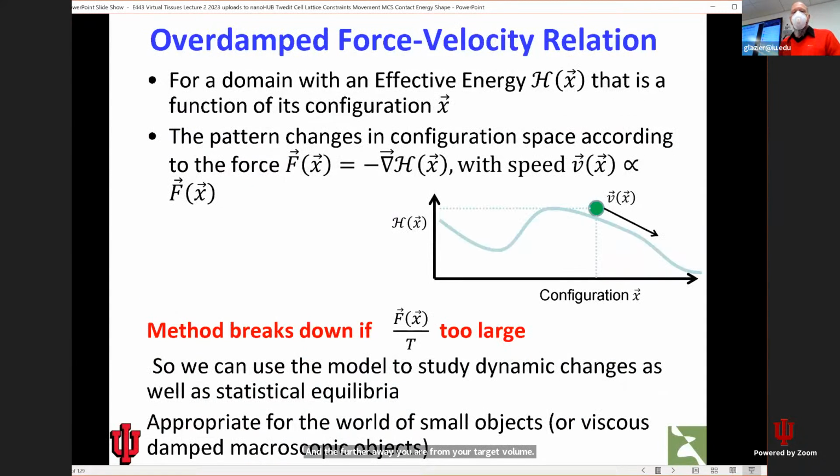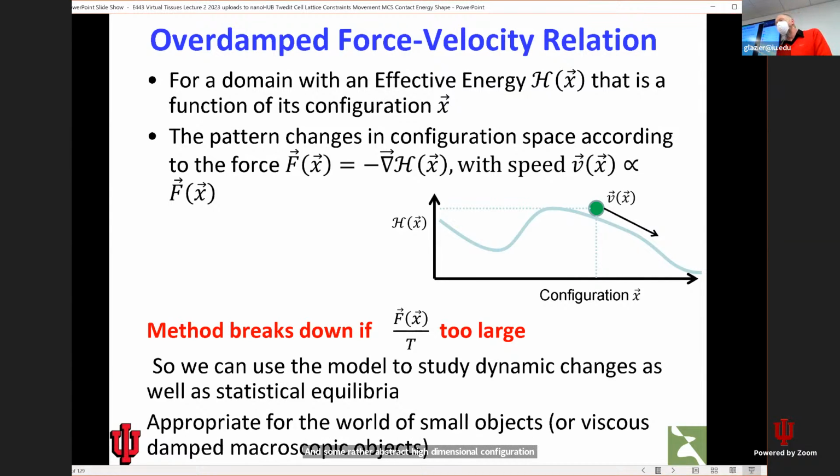One of the results of the dynamics that we went over before is that there's an effective force on the system in configuration space, in some rather abstract high-dimensional configuration space, which acts as the gradient of this effective energy.